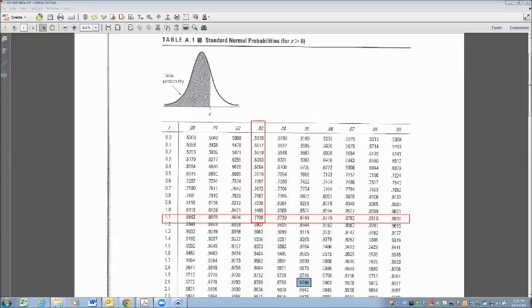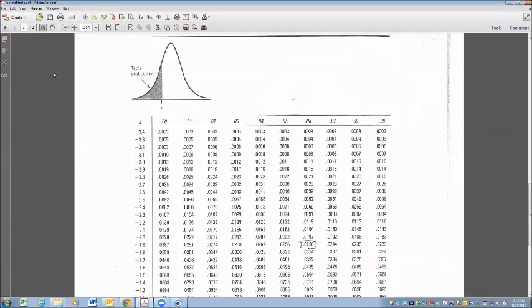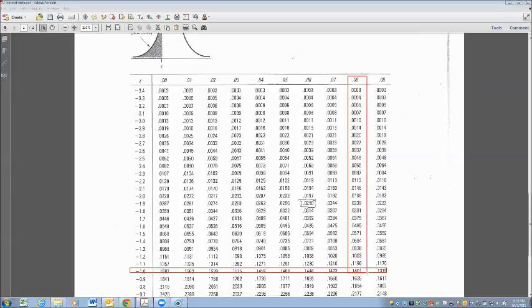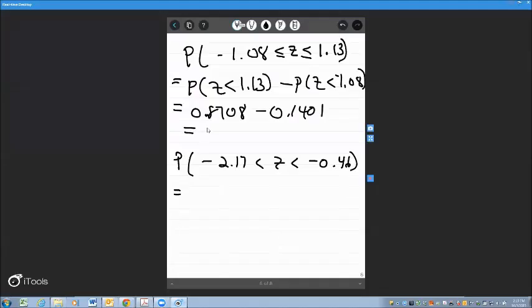Then I will go to the negative part of the table and look up minus 1.08, and I get 0.1401. So I end up with 0.8708 minus 0.1401, which is 0.7307.